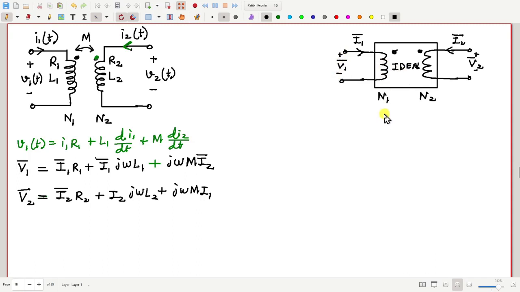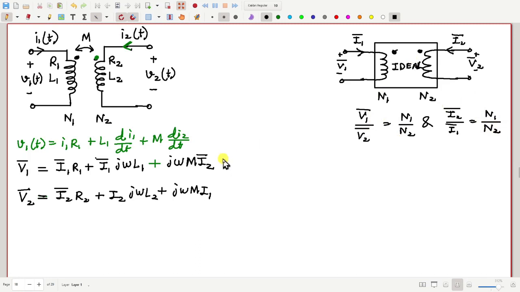What is the relation among these voltages and currents? For an ideal transformer, the relations are V1 by V2 is N1 by N2, and I2 by I1 is N1 by N2. So that's the case for an ideal transformer.